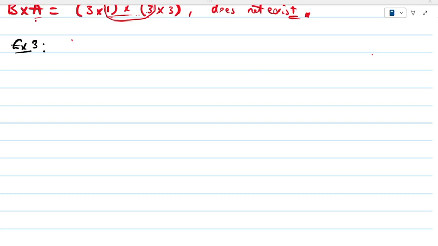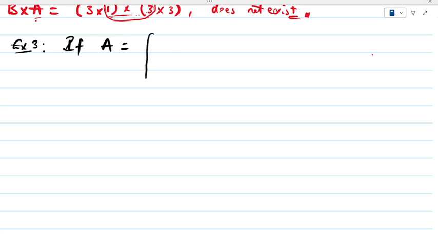Okay, so let's take example 3. And that's where we stop here for matrix multiplication. Based on these 3 examples, I believe you should be able to tackle any question that has to do with matrix multiplication.